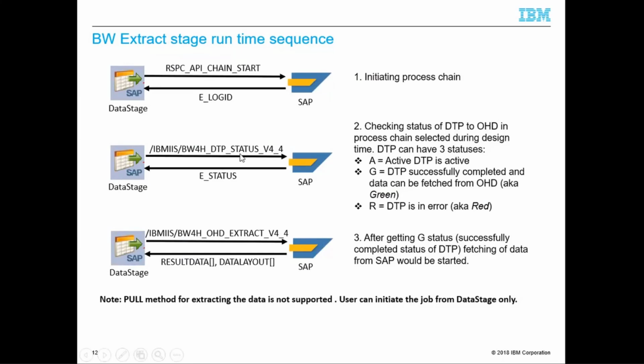So this particular service will check the status of the DTP. If I just tell you in brief about DTP, DTPs are data transfer processes. They are a kind of agent which provides the data from the source to your OHD. Therefore, till the time the DTP is green, there's no point in extracting data from the Open Hub destination, or OHD in short.